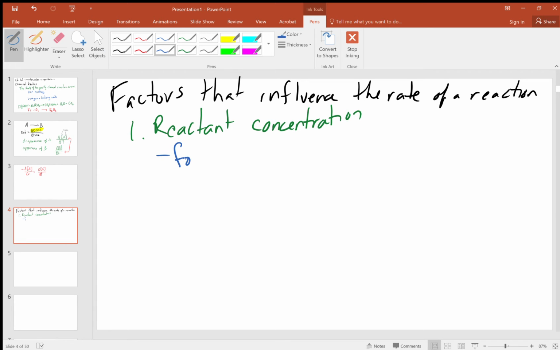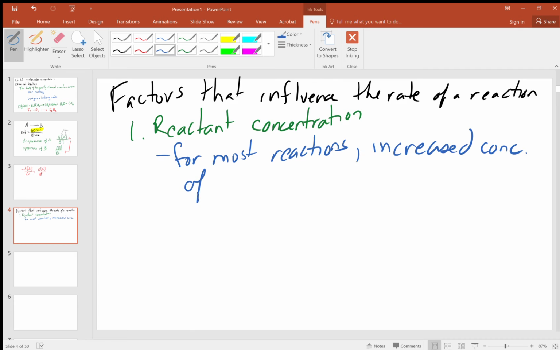So for most reactions, increased concentration of reactants increases the rate of the reaction.